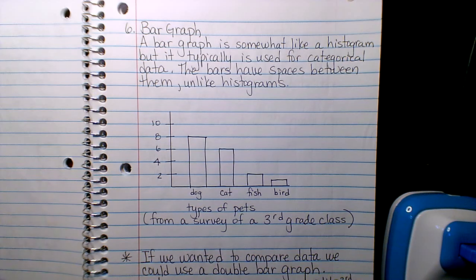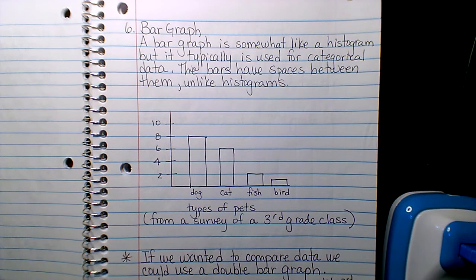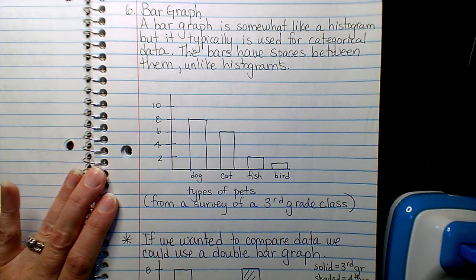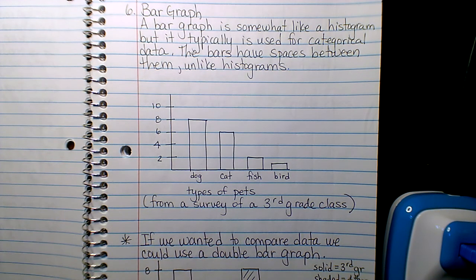Okay. Next up, bar graphs. A bar graph is somewhat like a histogram, but it's typically used for categorical data. Like I said, categories, not numerical data. The bars have spaces between them, so that's usually your indicator as to the difference between histograms and bar graphs. So let's look at some categorical data, like the types of pets.